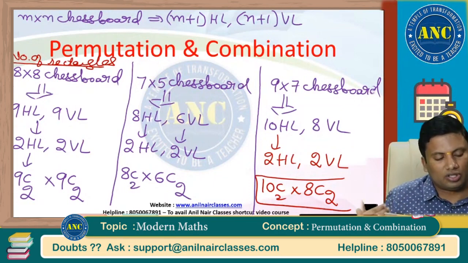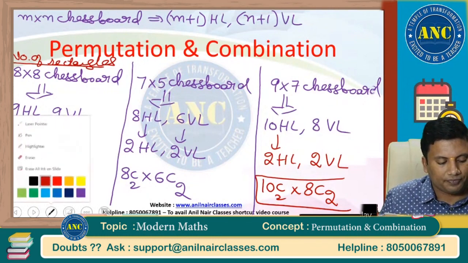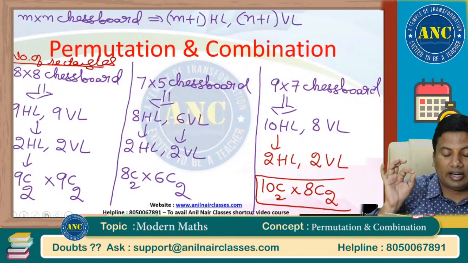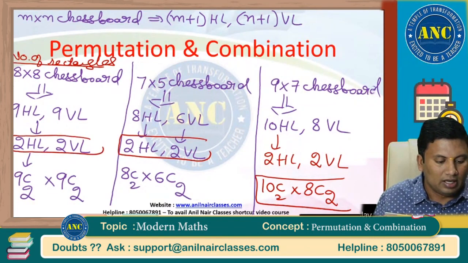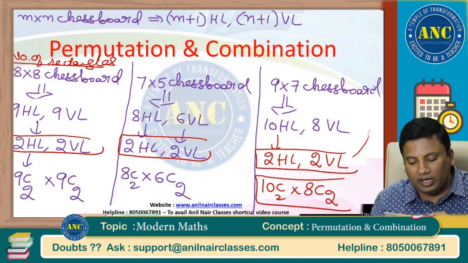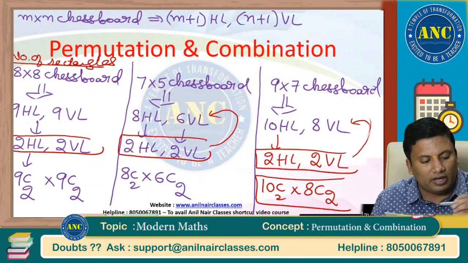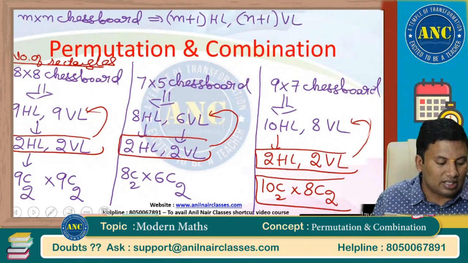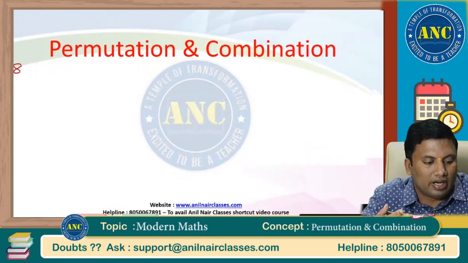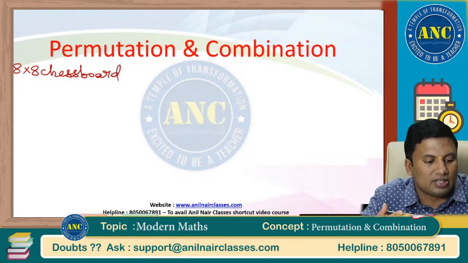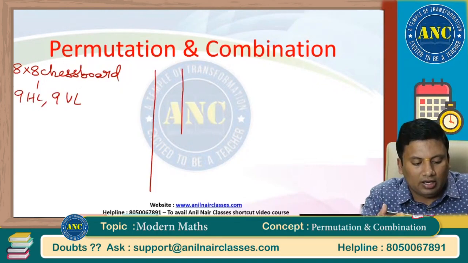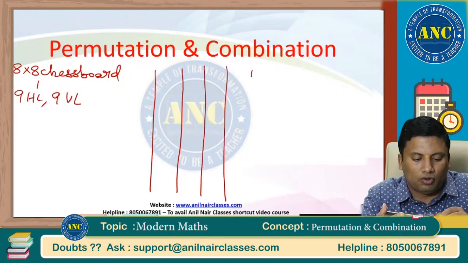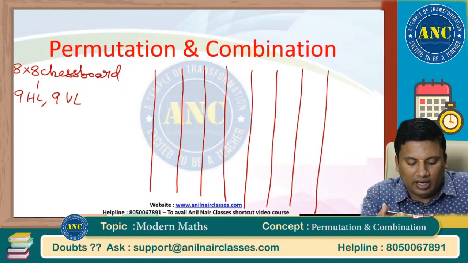Now, let us solve the question whatever came in the examination. I hope this idea is clear. To draw a rectangle, I require 2 horizontal lines and 2 vertical lines. This is my requirement. What is required from what is given in the question? Now, let us see the first question. In an 8 into 8 chessboard, there will be 9 horizontal lines and 9 vertical lines. 1, 2, 3, 4, 5, 6, 7, 8, 9.